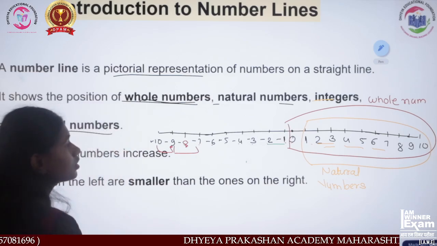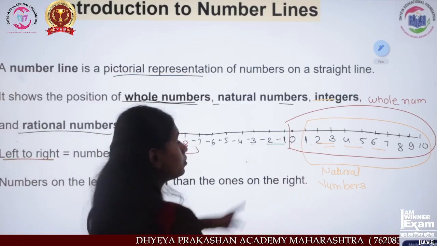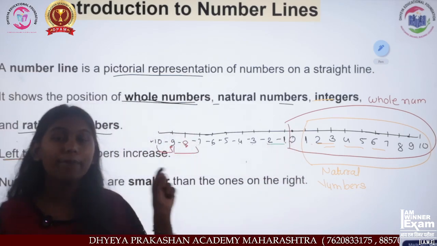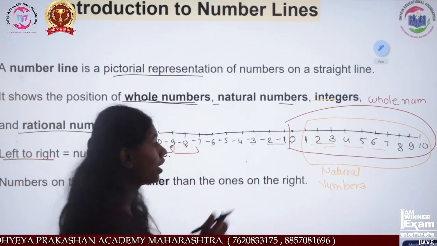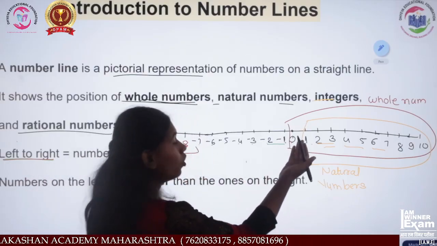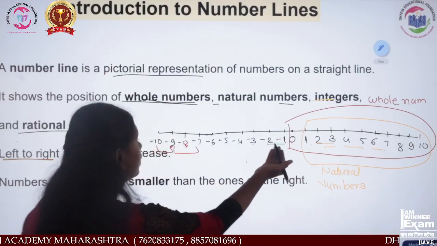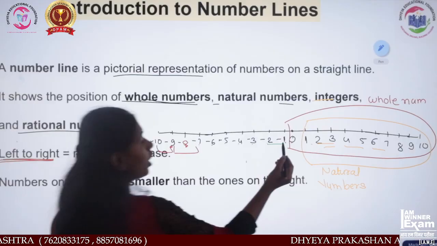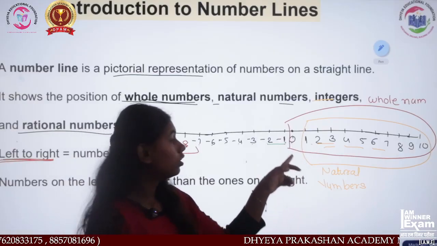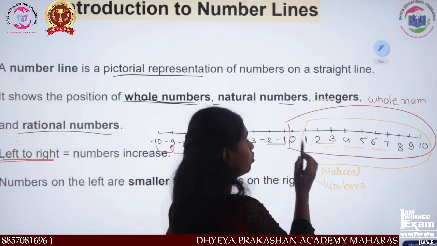So which one will be bigger? That is 0. Why? Because minus 1 is lesser than 0. Why? Because it is on which side? The left side. But we go from left to right. So left to right, which is bigger? That is 0.